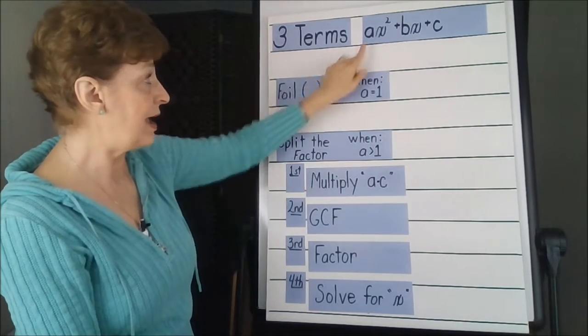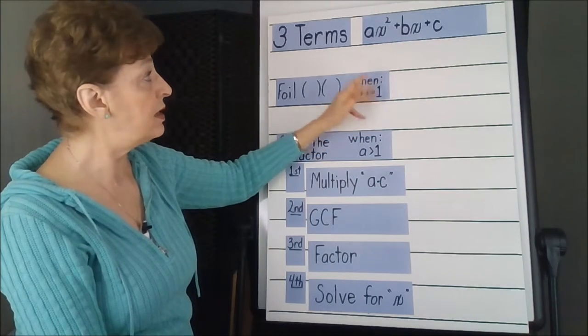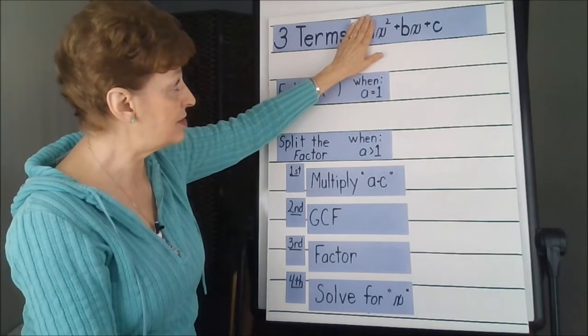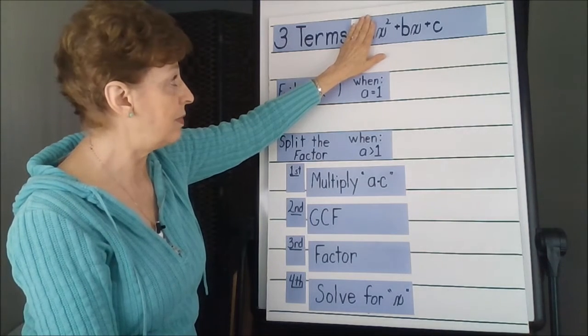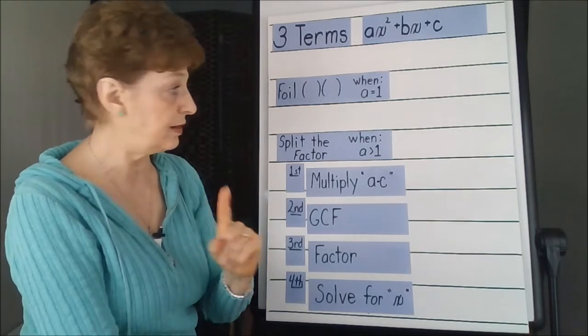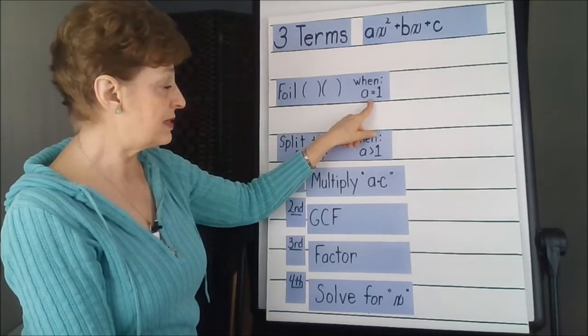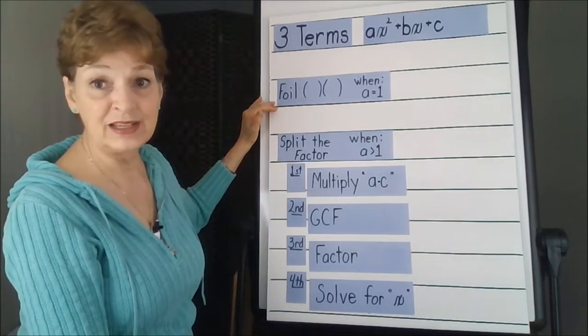If the a position is equal to 1, you're likely to see it like this, just x squared plus bx plus c. But that is telling us that the a is actually an understood 1. When it's in that position, foiling this polynomial is very efficient.